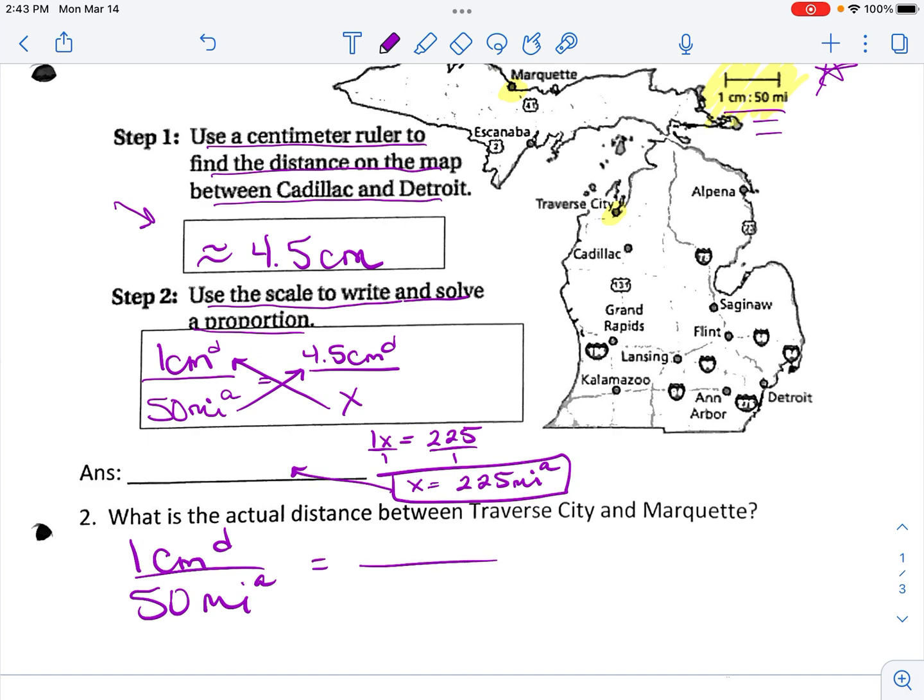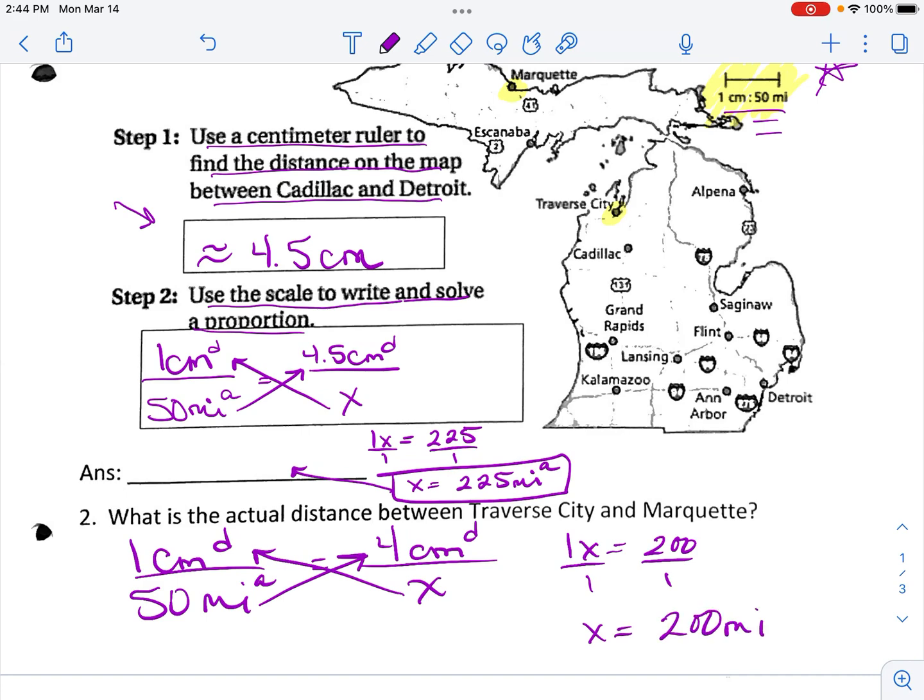From Traverse to Marquette was 4 centimeters in the drawing, and we're trying to find the actual. So make sure drawing goes across from drawing, actual goes across from actual. Then when we do our cross products, the distance is 200 miles, with a small a, meaning actual.